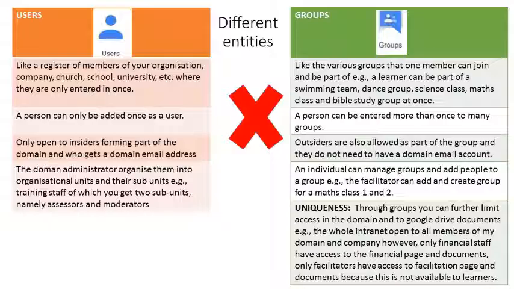Only learners have access to certain types of documents, and assessors and moderators who mark and assess these students, they then have access to certain elements. So these groups are then different.